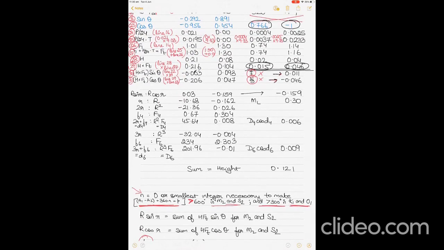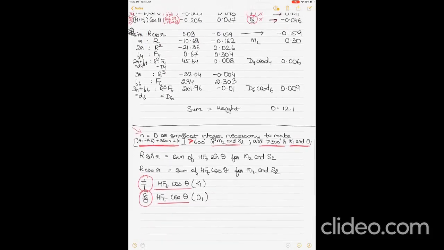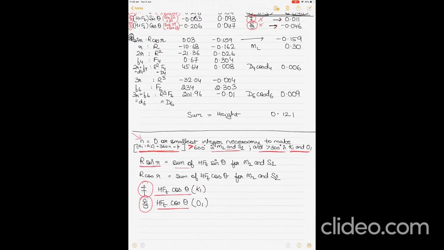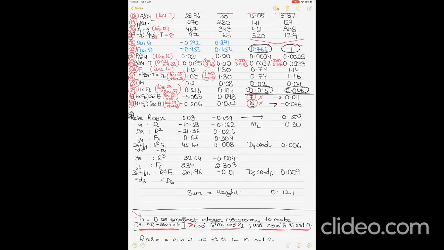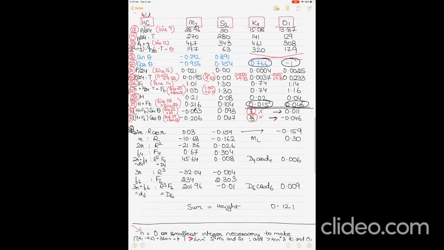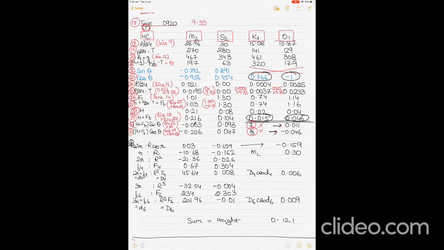Alright, then we are coming towards the end of the proforma. At the end of the proforma, we have to write down the value of r sin r is to r cos r, which is line number 32. I have not left much space here. So what is r sin r is to r cos r? r sin r is the sum of HFT sin theta for M2 and S2, and r cos r is the sum of HFT cos theta for M2 and S2.